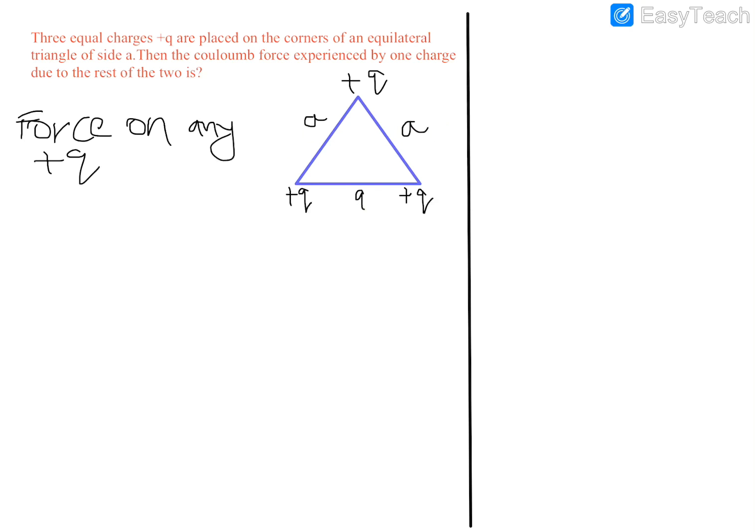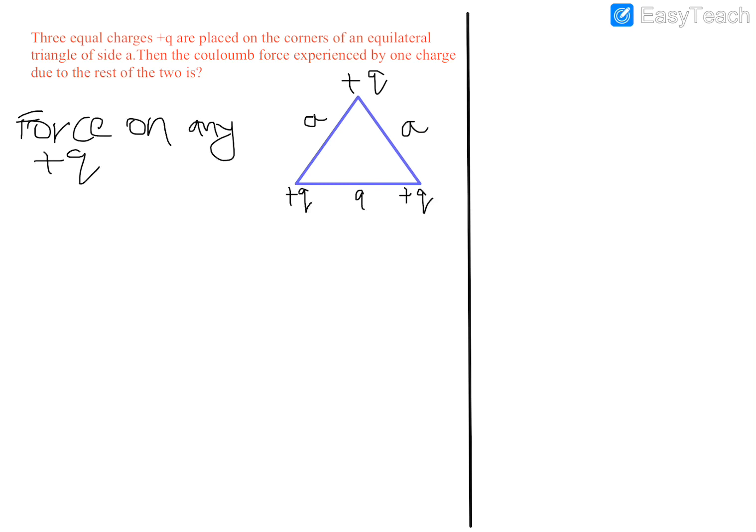So all the sides will be a. The distance between the first positive charge and the charge under consideration is a, and the same distance is there between the charge under consideration and the other positive q. So the distance is the same for both cases.